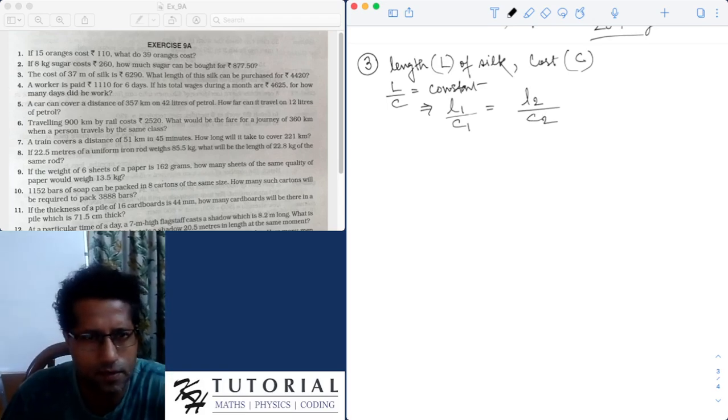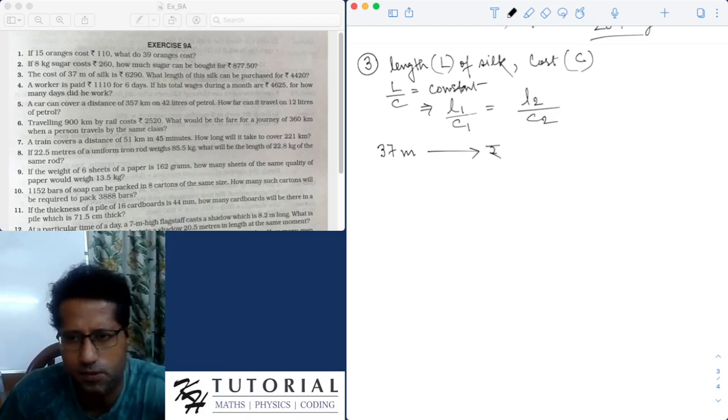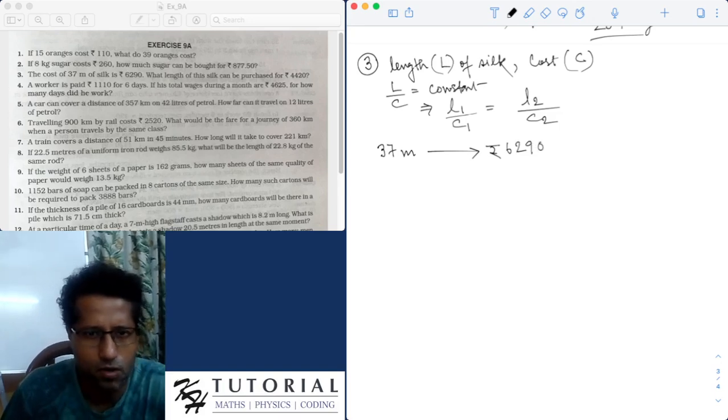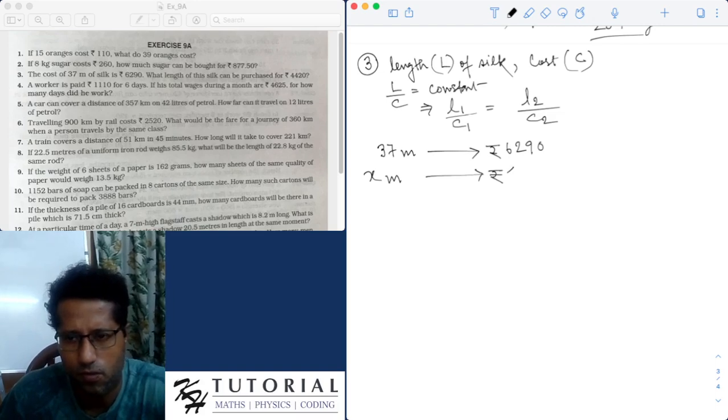So it is given that 37 meter of silk costs rupees 6290, and it has asked what length of silk can be purchased for rupees 4420. So let's say x meter of silk can be purchased for rupees 4420.